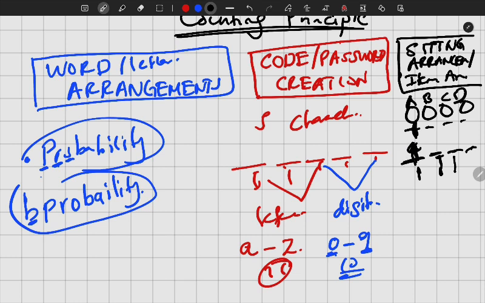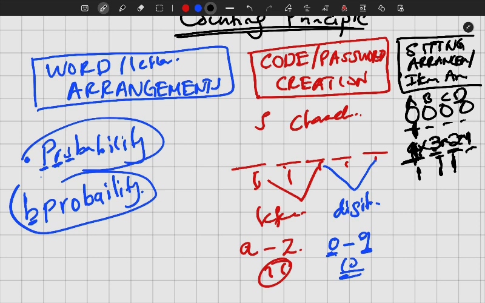Once the first one has sat down, we have 3 people for the second seat. Then 2 people remain standing, so we have 2 options for the third seat. On the last seat we only have 1 person standing, so we have 1 option. Then you multiply this out. That's how it works where there are no restrictions.